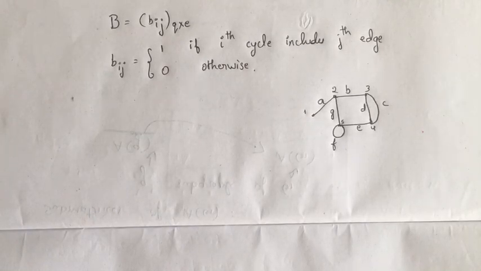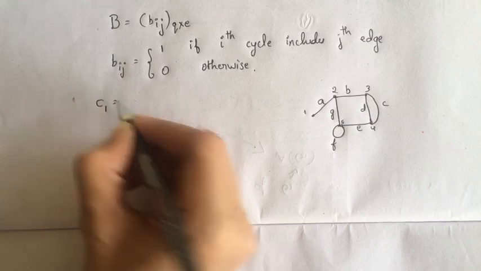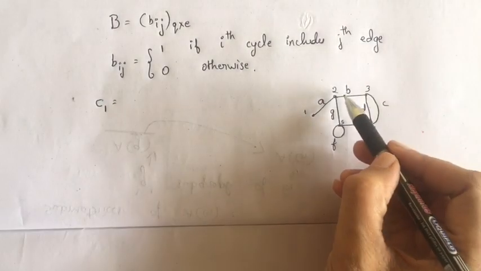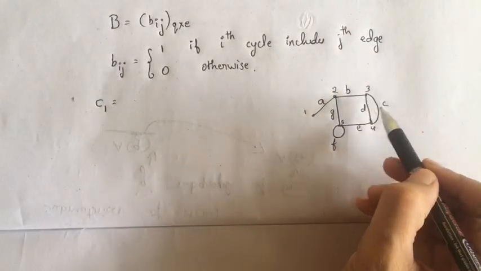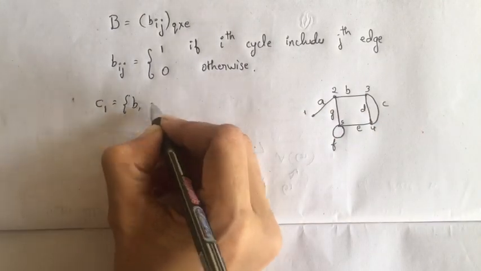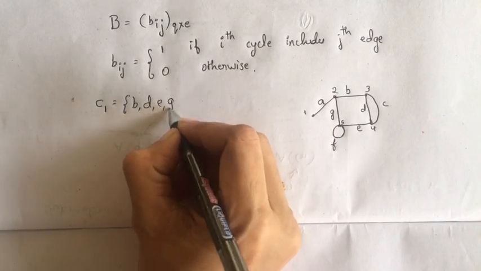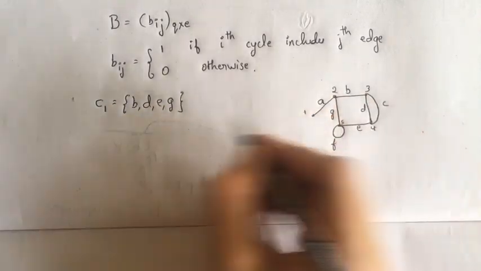I'll name the cycles first. Say cycle 1. This is this cycle B, D, E, G. This is cycle 1.